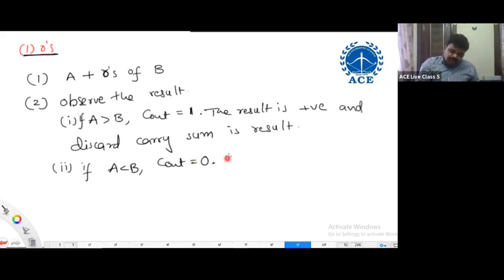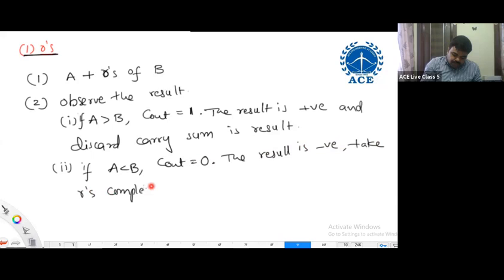Then what happens? The result is negative. How to get that? Take R's complement of the result and produce a negative sign in front.